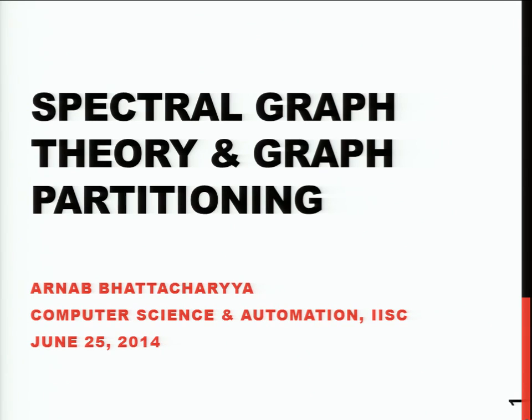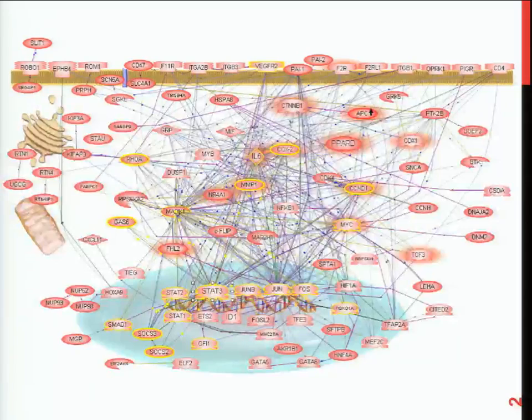So first let me understand where do graphs come up in practice and why you would need to partition graphs. Here is one example. This figure describes a biological system. Each of these circles, each of these nodes, is a gene, or maybe a protein.